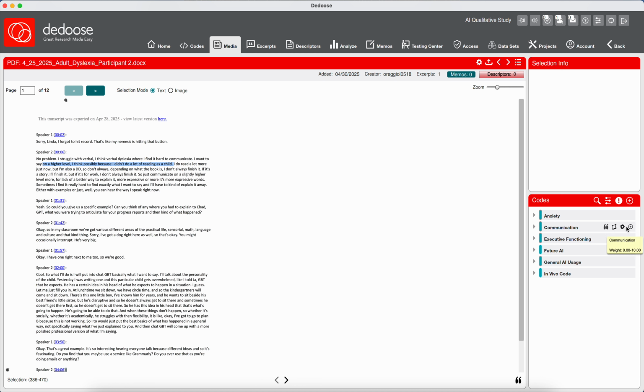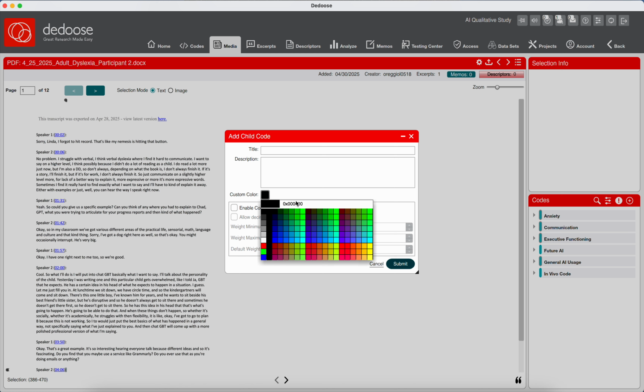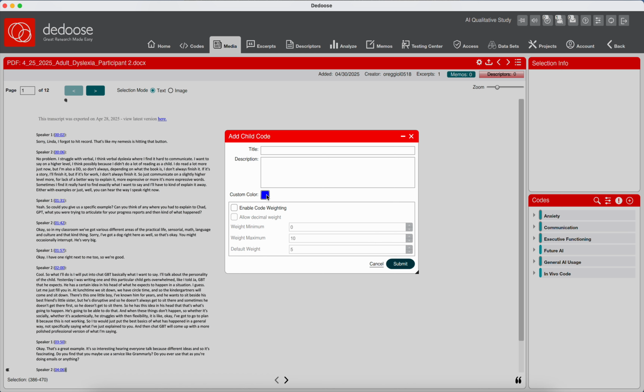I think that's also going to fall under communication, but it could possibly be added as a different code. You can also use colors here to highlight what's happening. But I'm going to go ahead and put in my code.